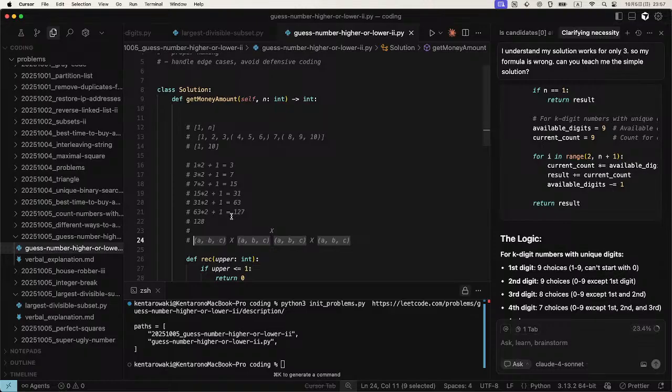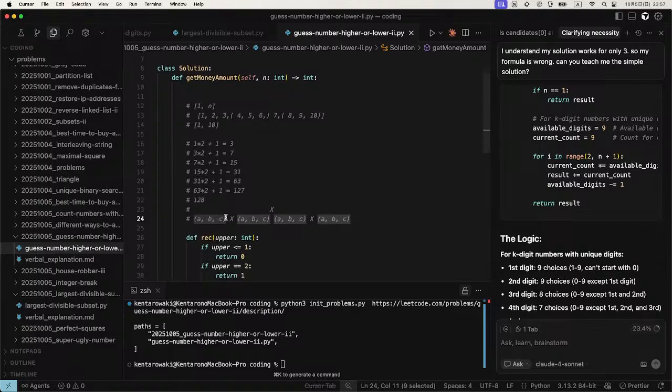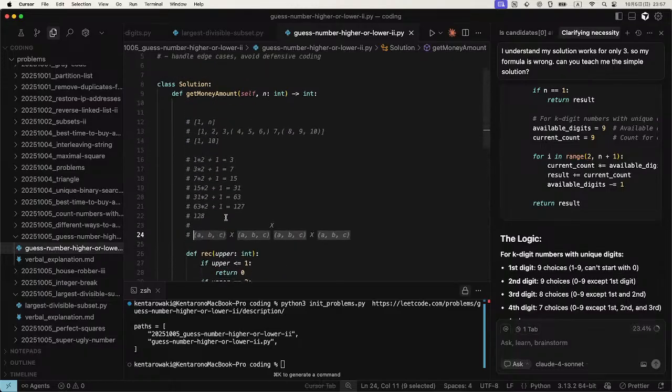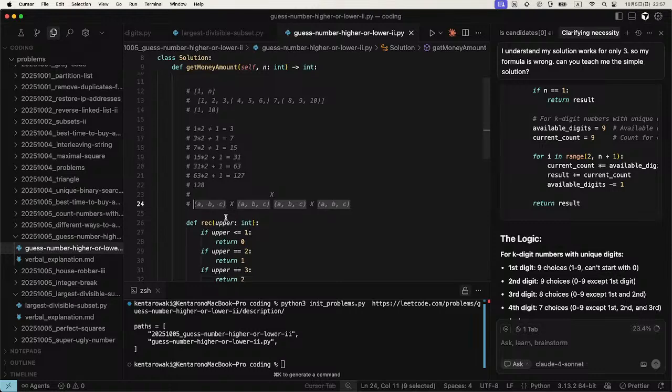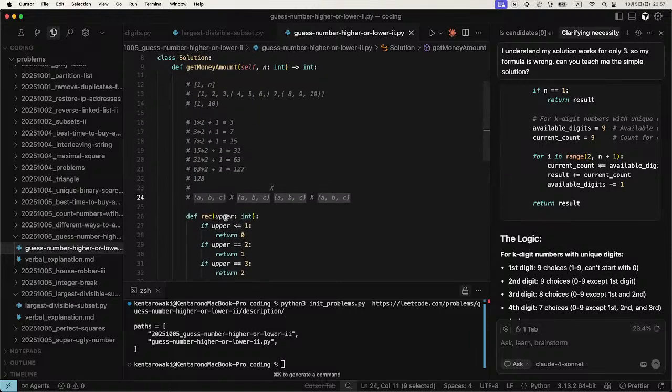I think this is the optimal. This way we can achieve the ideal answer.